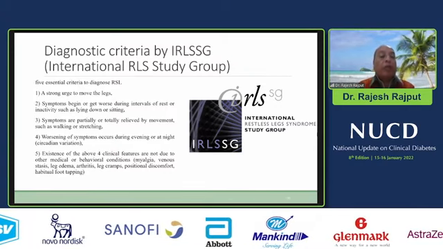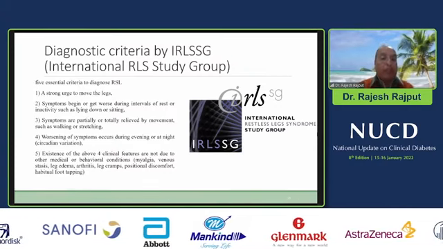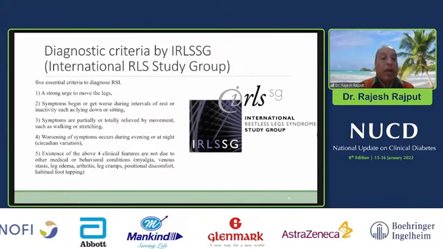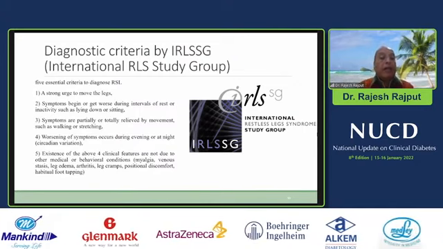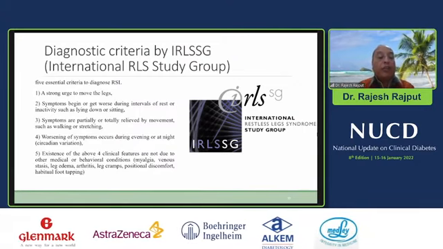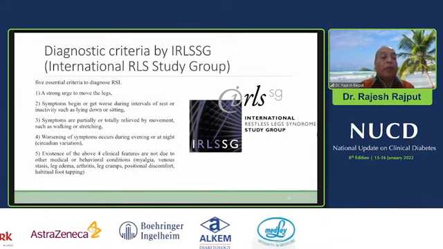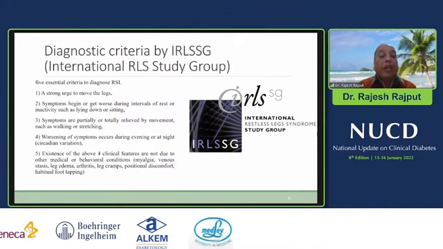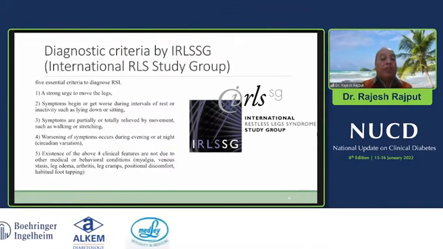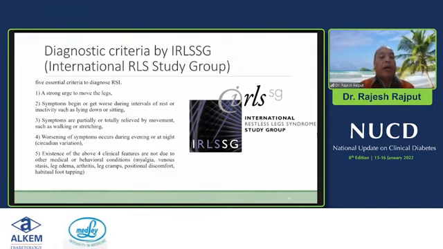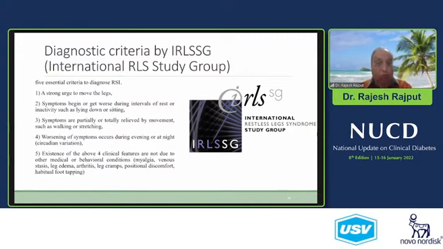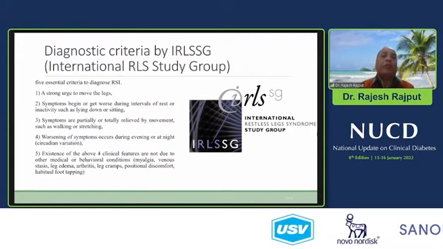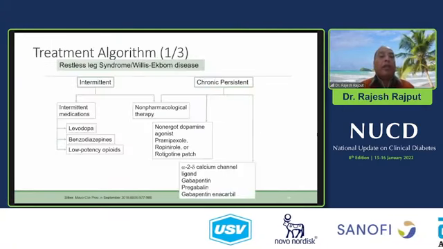Symptoms are partially or totally relieved by movement, such as walking or stretching, and worsening of symptoms during evening or at night. The existence of all these 4 features is not due to other medical or behavioral conditions like myalgia, venous stasis, leg edema, arthritis, leg cramps, positional discomfort. So these are common descriptors which we have to rule out. So that's how it is very easy to make a diagnosis of restless leg syndrome.